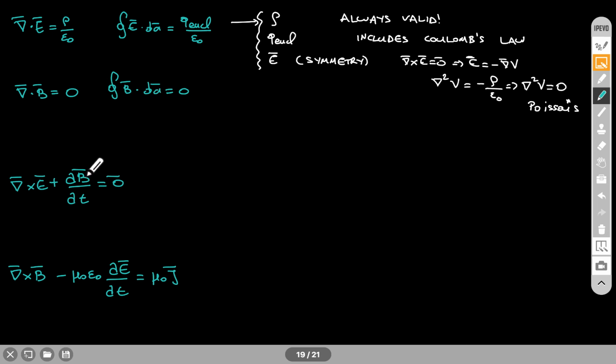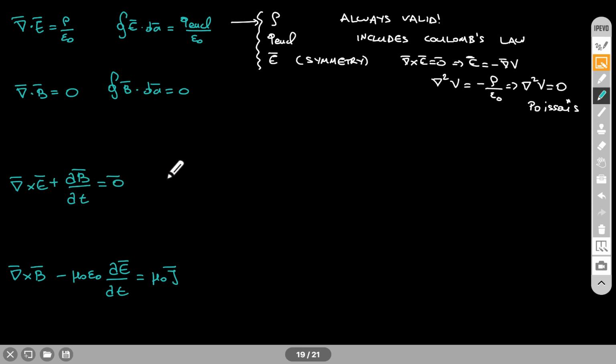Now, the next Maxwell's equation is Faraday's law. And of course, this is a very, very interesting and very useful physics principle. In the differential form, the curl of E is related to the time derivative of the magnetic field. In simpler words, if your magnetic field is changing, then you know that at the same time you have an electric field, and it is a curling electric field. The curl of E would not be 0 if your magnetic field is changing.